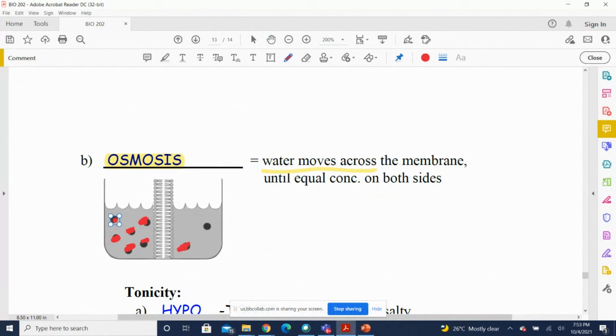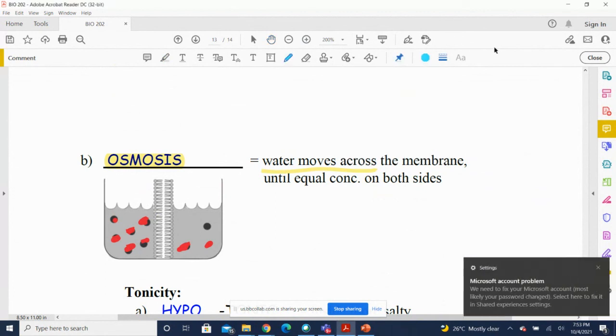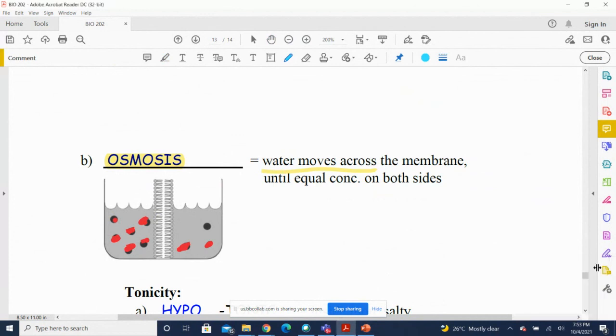So what we do is bring down the amount of water on one side and increase the amount of water on the other side until the total volume or total concentration within a certain volume is the same on both sides. So water was the one that moved in osmosis from one side to another.